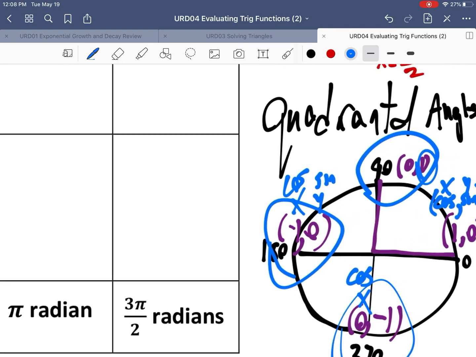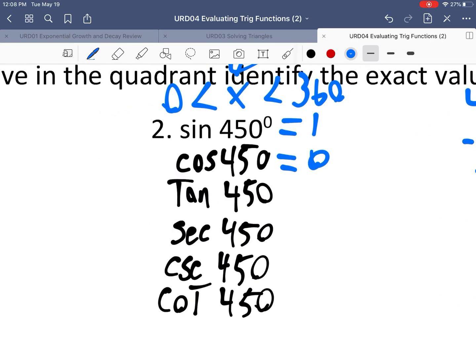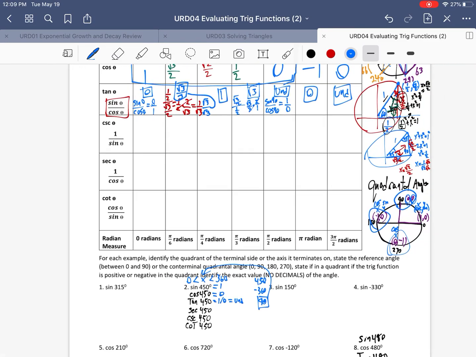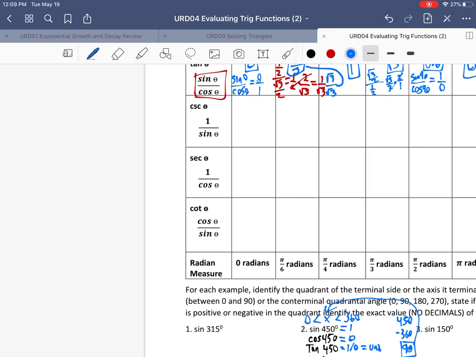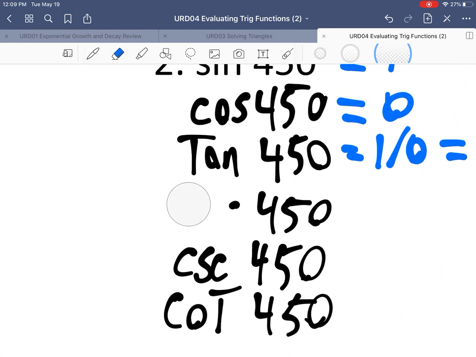The cosine of 90 was 0. Again, just looking at the values. The tangent is the sine divided by the cosine, so 1 divided by 0, which is going to be equal to undefined. I did these backwards.